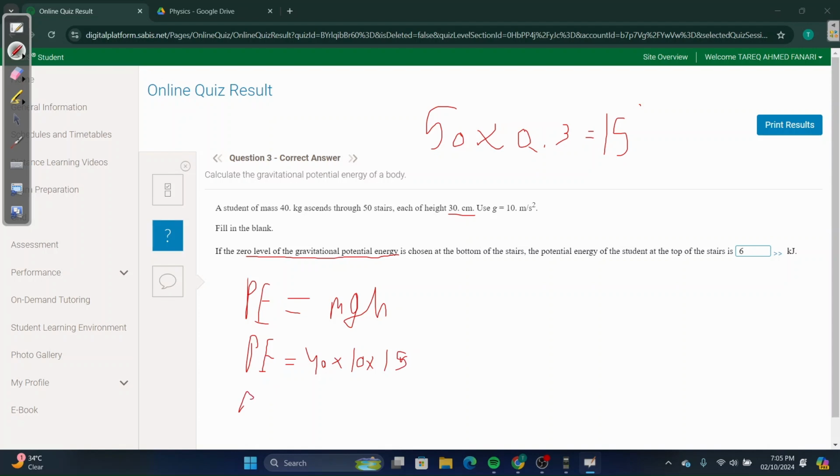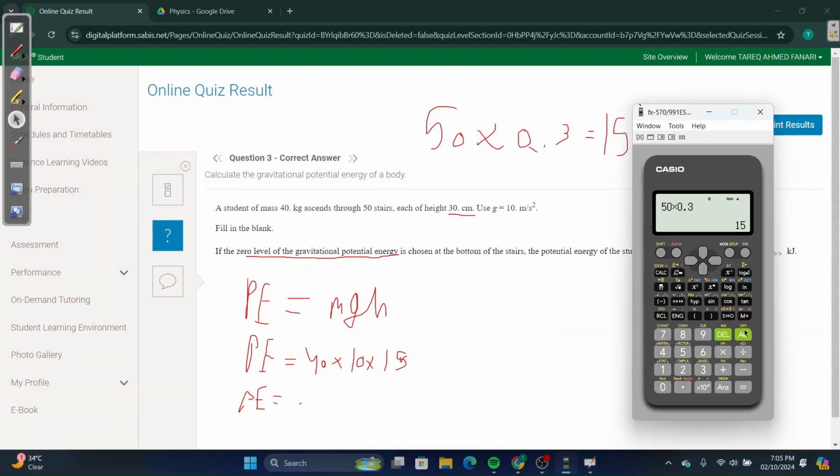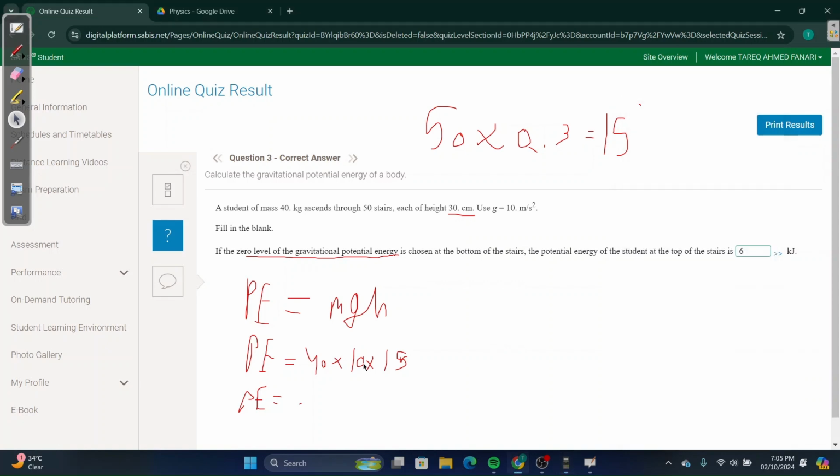PE is equal to 400 times 15. I'm sorry, I forgot to show the calculator. 40 times 15 times 10, or 400 times 15, doesn't really matter. It's going to give us 6,000 joules.